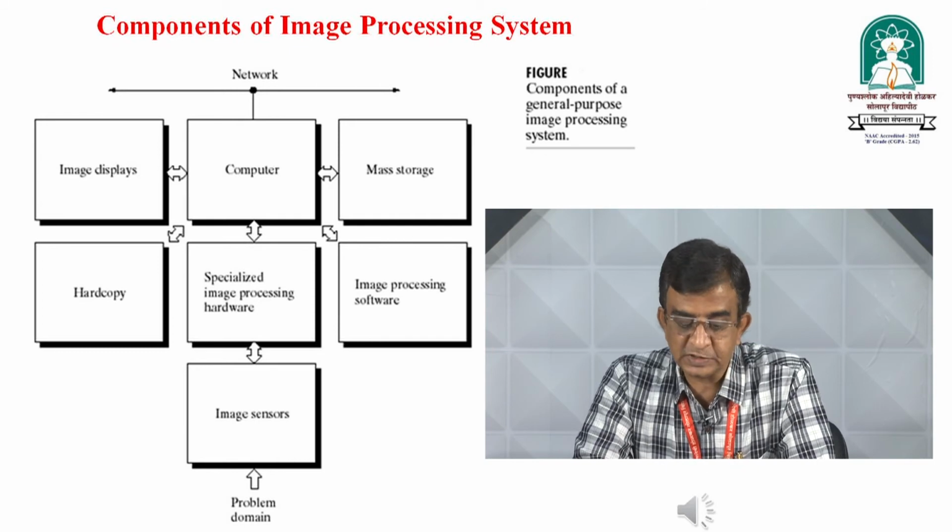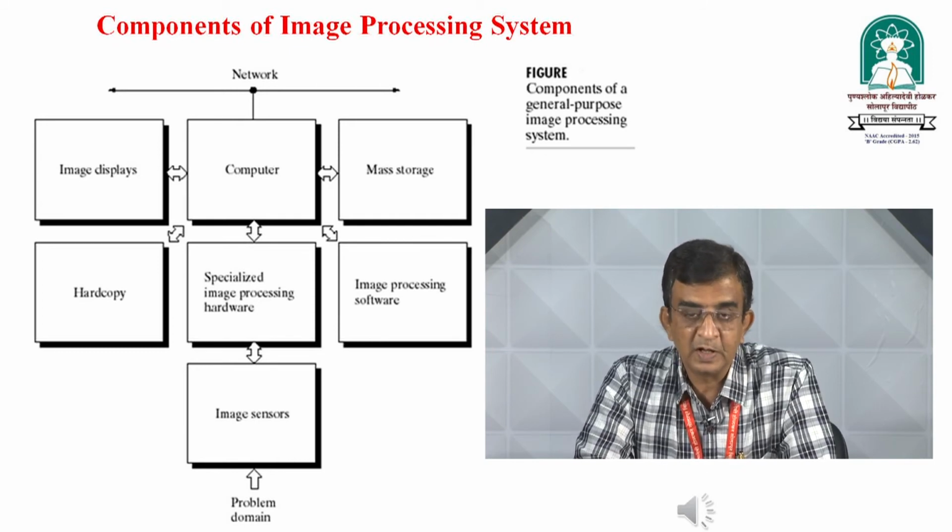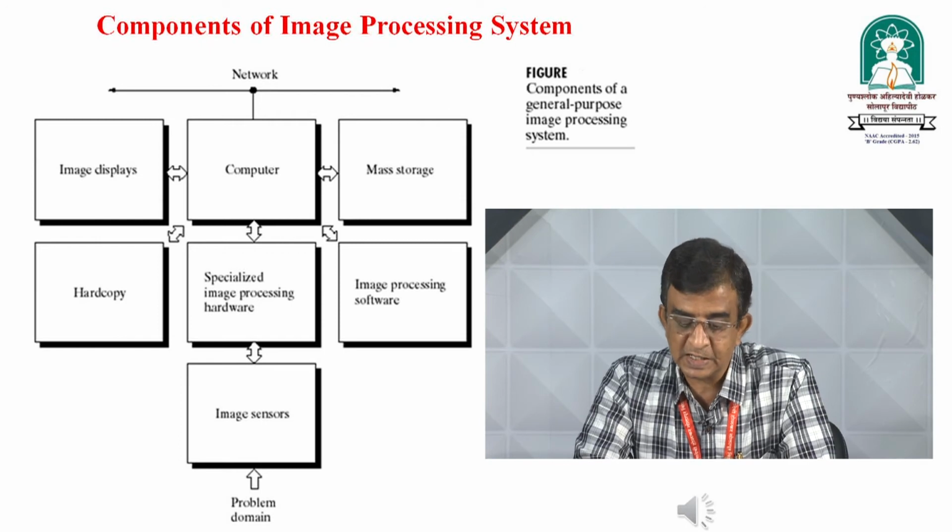Specialized image processing hardware usually consists of a digitizer plus hardware that performs other primitive operations such as an arithmetic logic unit, that is ALU, which performs arithmetic and logical operations in parallel on entire images.